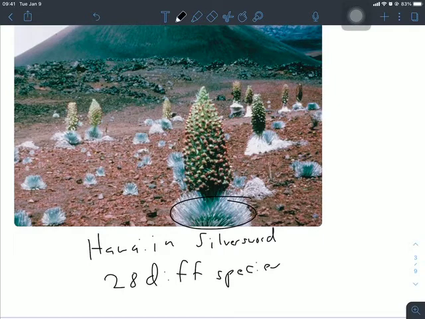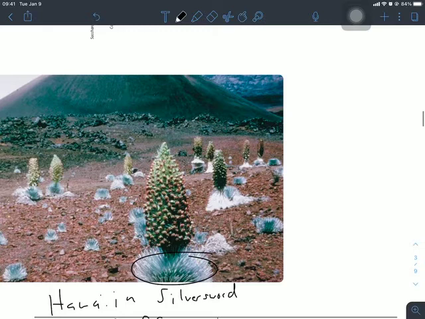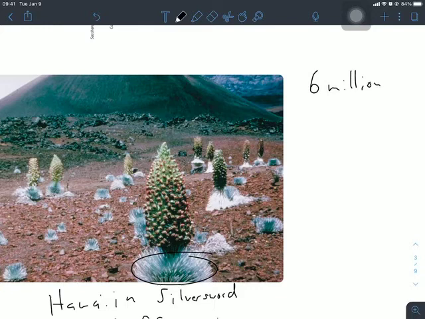And based on genetic work and phenotypic work, we know that these Hawaiian silverswords arrived in Hawaii about 6 million years ago as a single species, but then diversified into lots of different environments on the Hawaiian Islands.